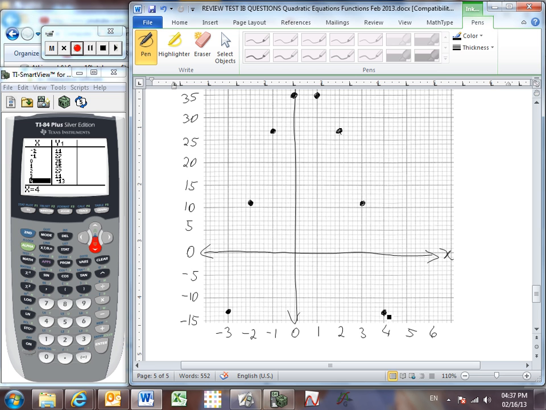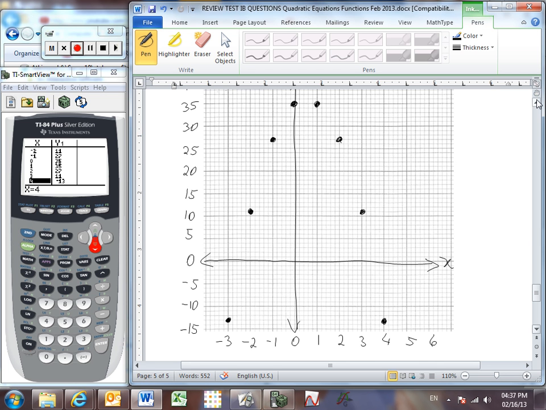And we can see the symmetry of the graph. I just need to connect the points. So we'll have something looking like this. And it's going to go a little higher than these before coming down again. And that's the shape of the parabola. And you see that I've got endpoints.